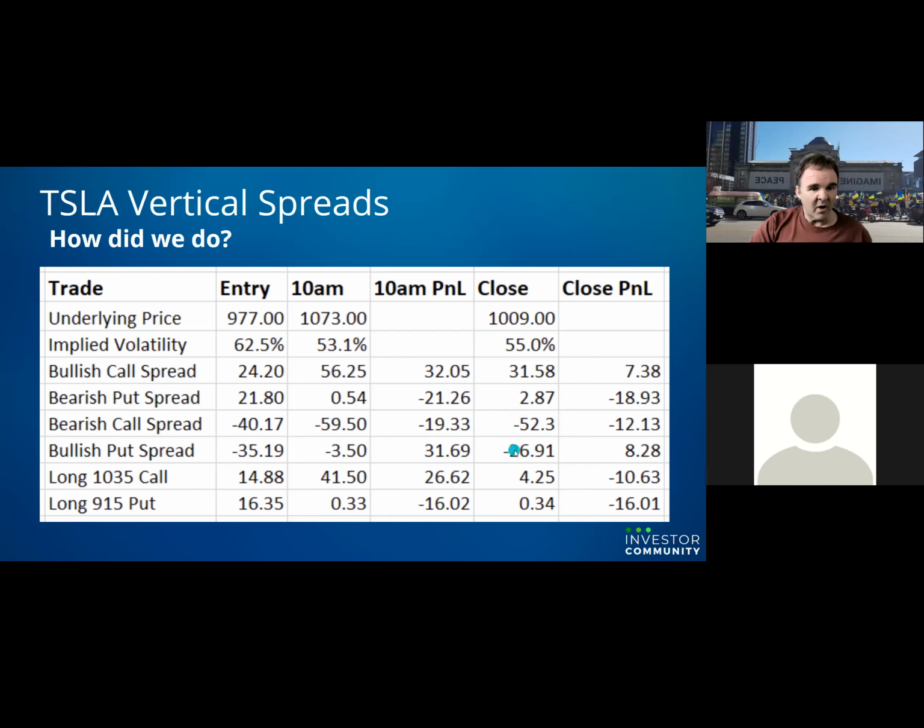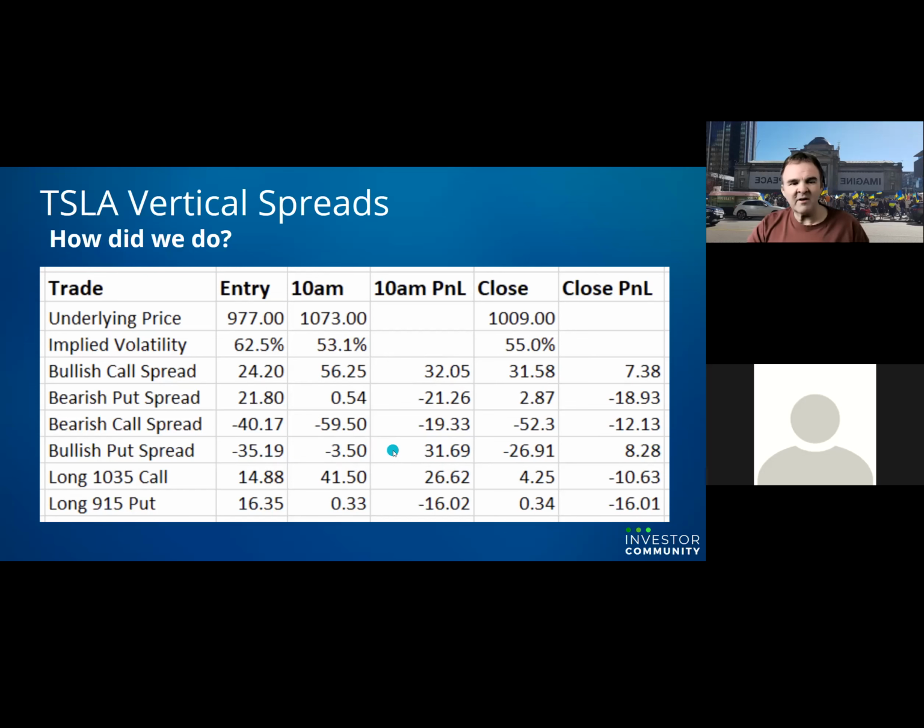And my favorite out of all of these strategies was the bullish put spread. That cost us $35.19. Okay, at 10 a.m., I could have bought this back for $3.50, giving me a profit of $31.69. I'm a little surprised that this number isn't higher than the P&L number for the bullish call spread, because this should have benefited from that volatility crush.